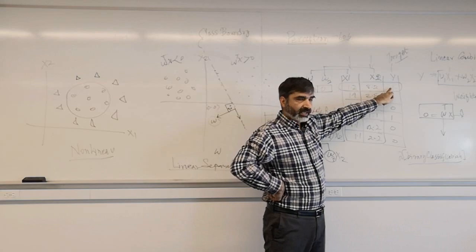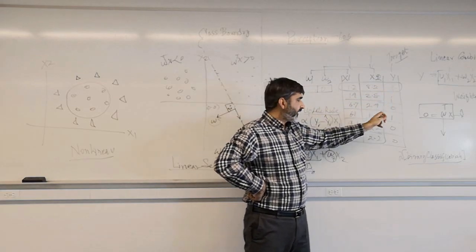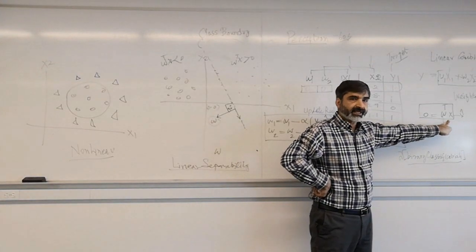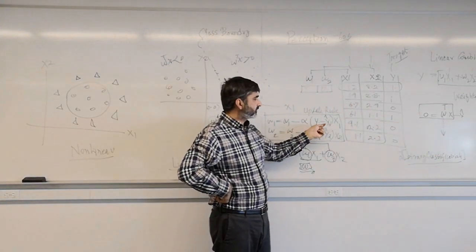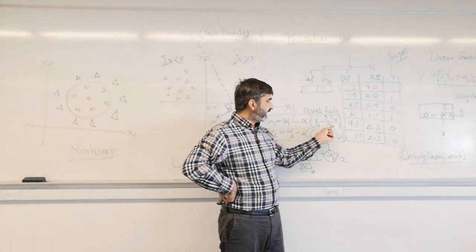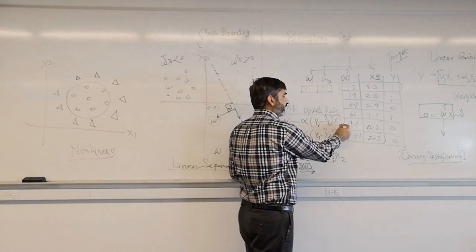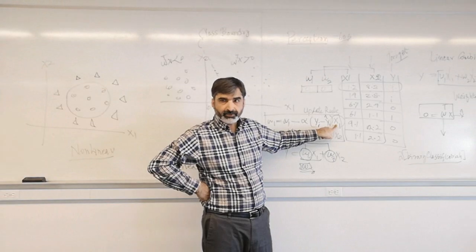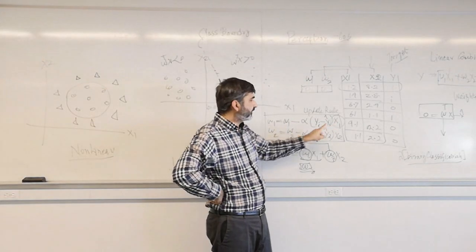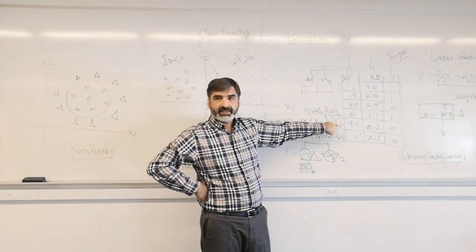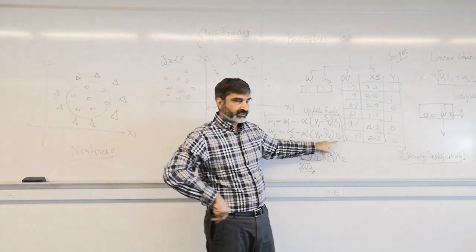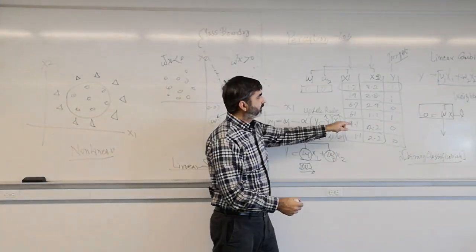If the ith y is different from y hat, which is W transpose x, then we are going to change our W as much as the amount of mistake we made. This point is misclassified, right? This input is misclassified. So we will update W as much as the misclassified input, and W2 as much as the misclassified input for the corresponding variable.